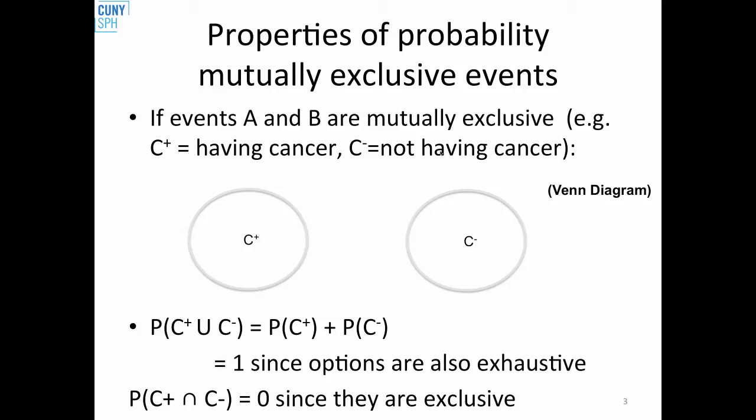And the intersection probability of cancer and not cancer is 0, or in other words, the overlapping area of these two circles is 0 because they are exclusive.